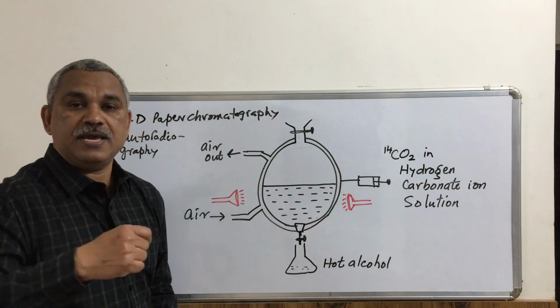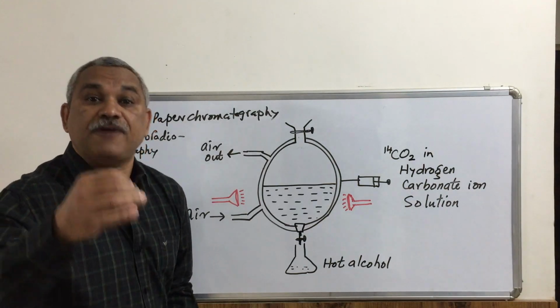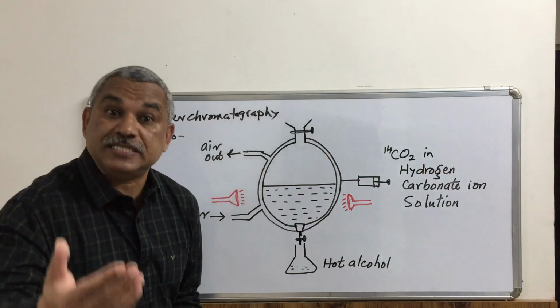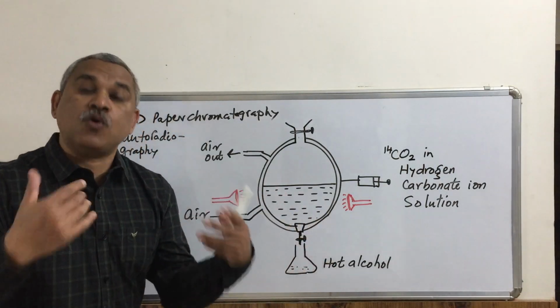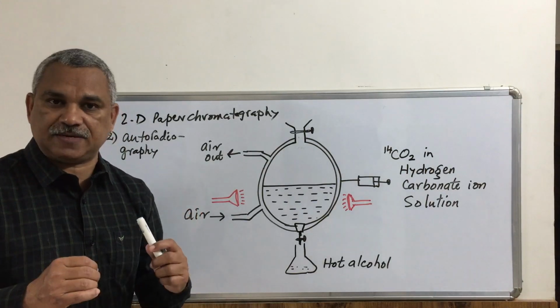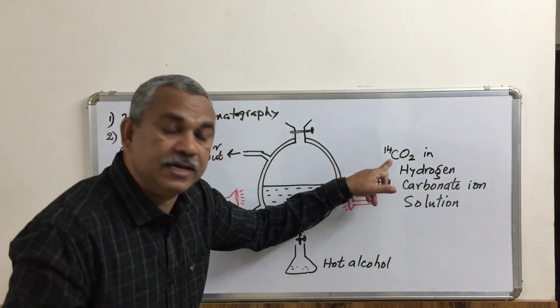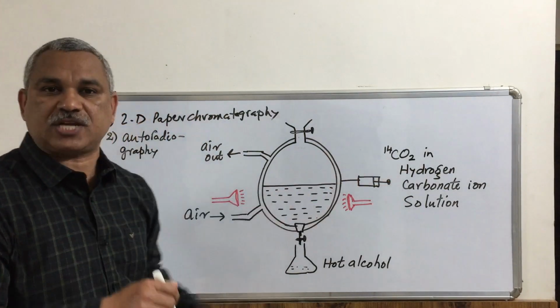Then, at definite times, maybe after 2 seconds, 5 seconds, maybe after 60 seconds, they collect a sample in order to understand how much carbon dioxide has been fixed, that is, how much radio-labeled carbon has been incorporated within the structure.